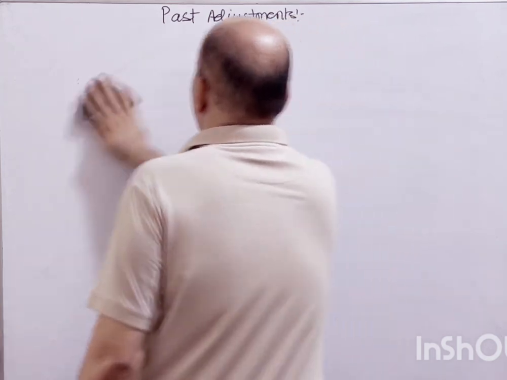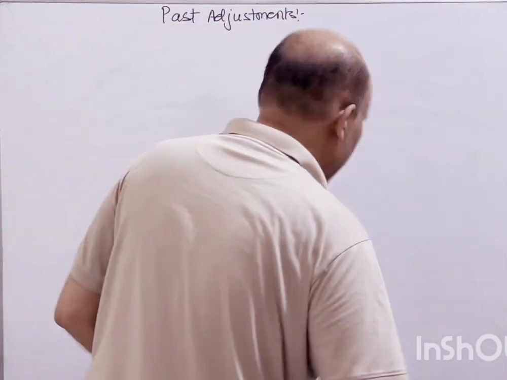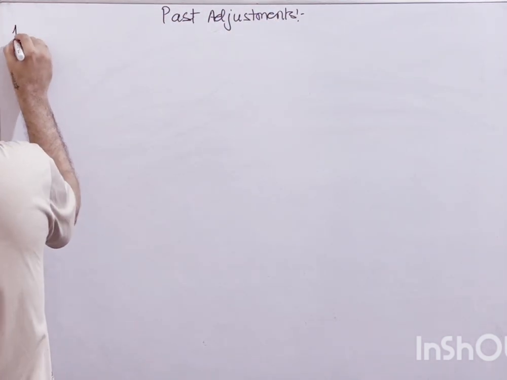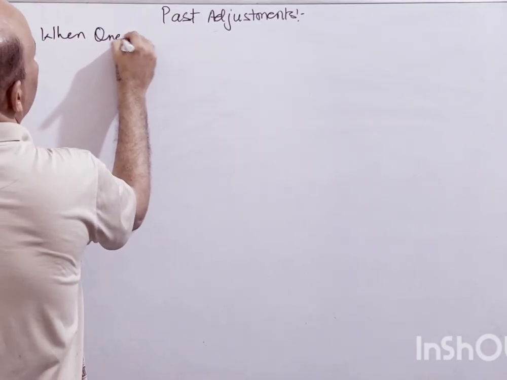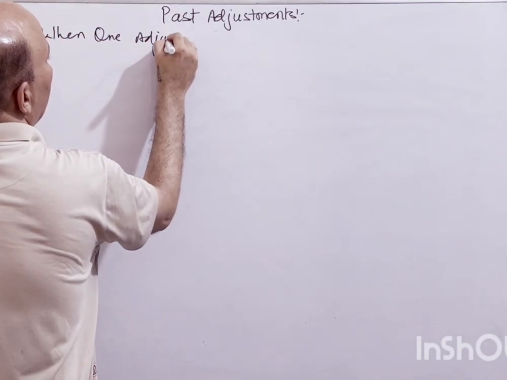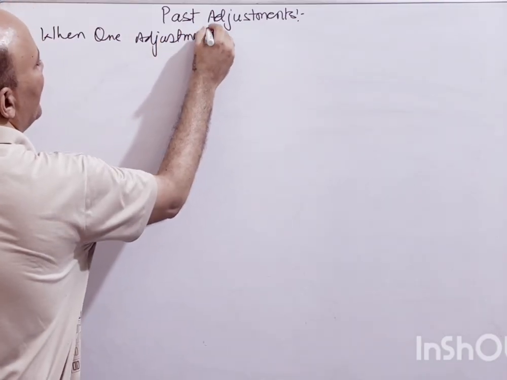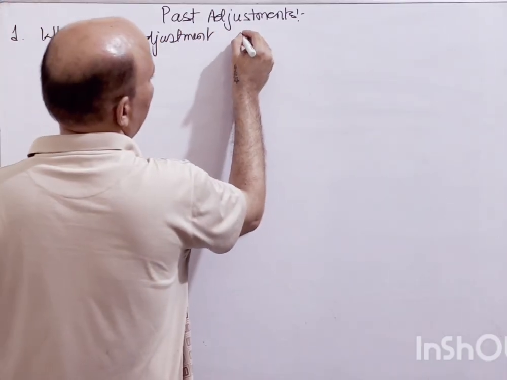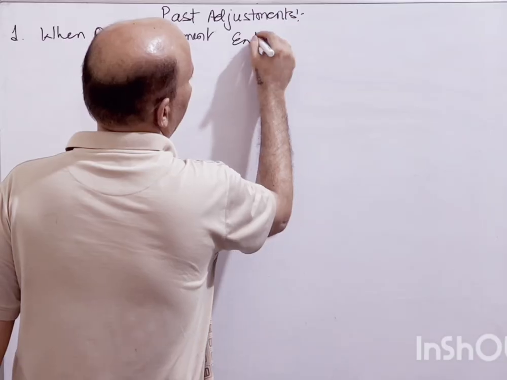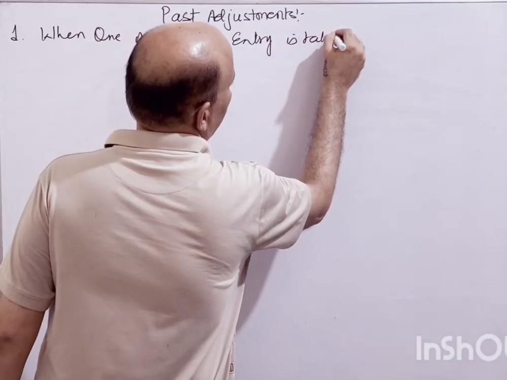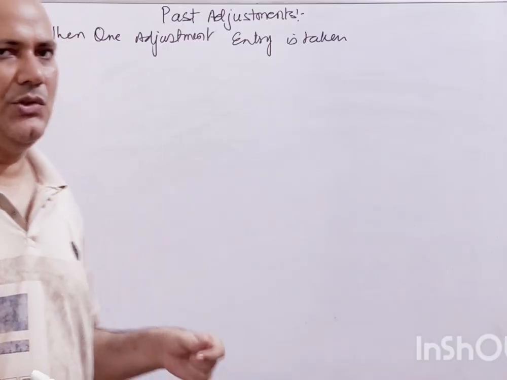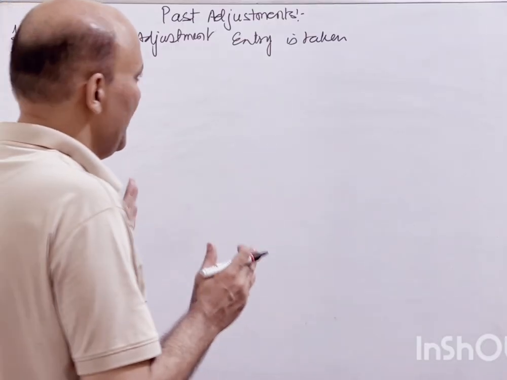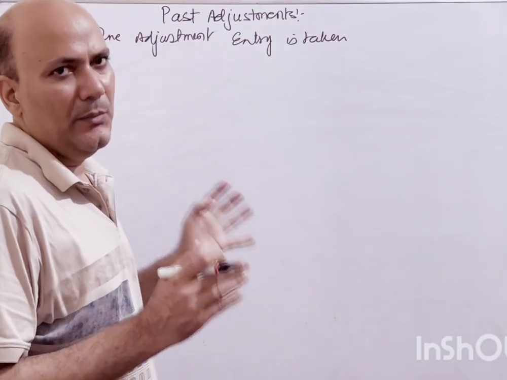Now when we are taking one adjustment entry, first you have to take each transaction and make an analytical table, right?